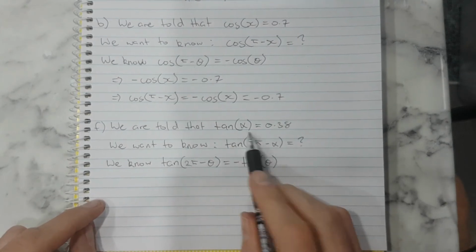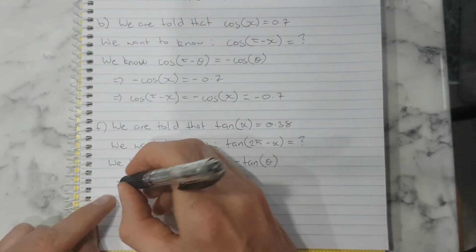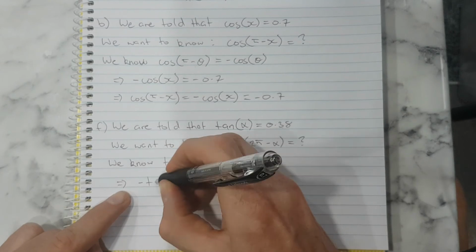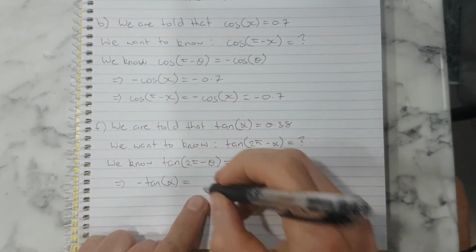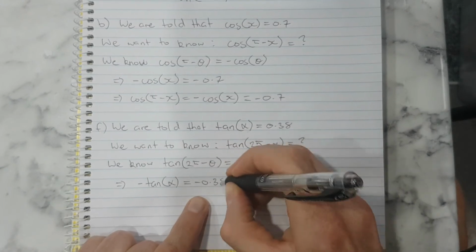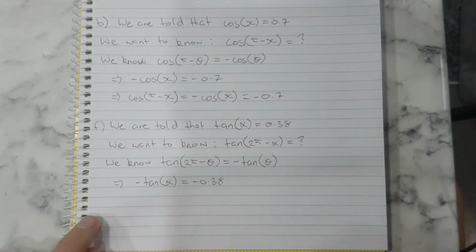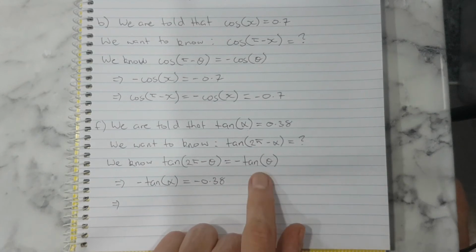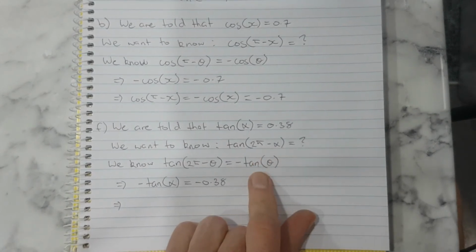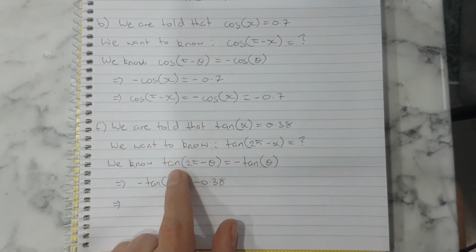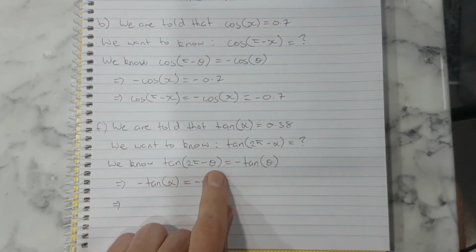We know tan alpha is equal to this, so minus tan alpha is going to be equal to minus 0.38. Therefore, we have minus tan theta here. That's equal to tan 2 pi minus theta.